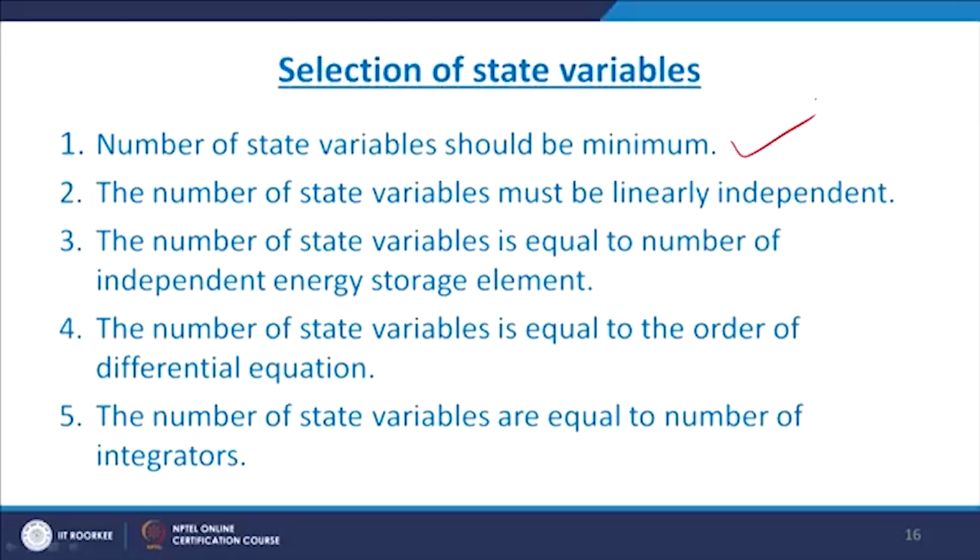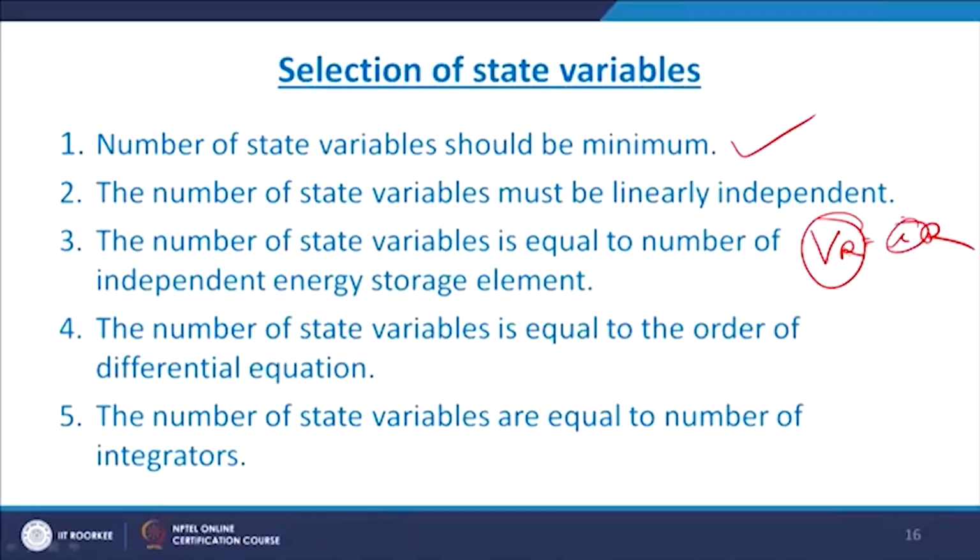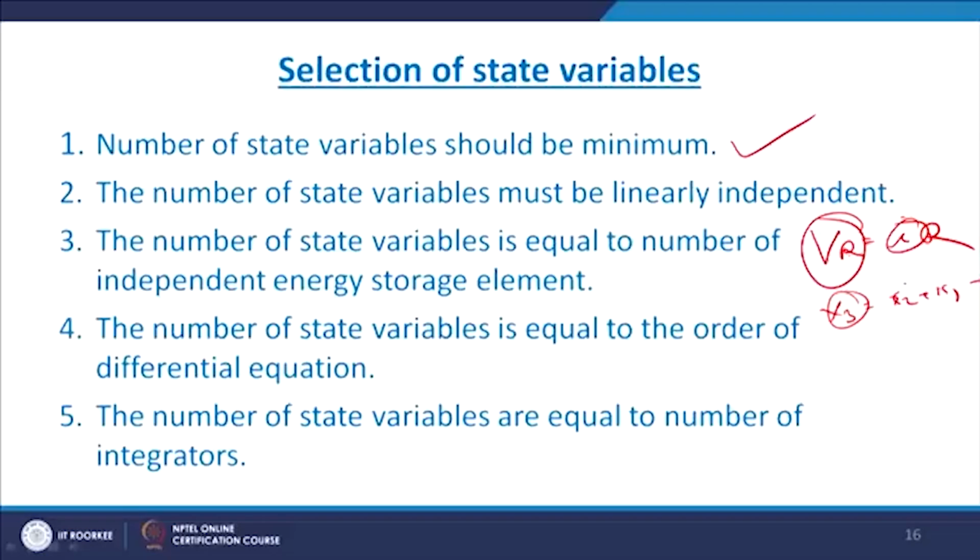It means that let us say Vr equals I into R. Suppose someone has selected Vr as the state variable, but Vr is dependent on I, so we cannot select I as a state variable. Similarly, if x3 equals x2 plus x5, then if you select x3, you cannot select x2 as the state variable.